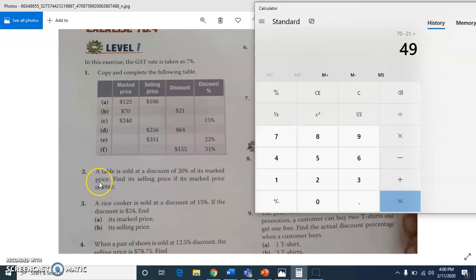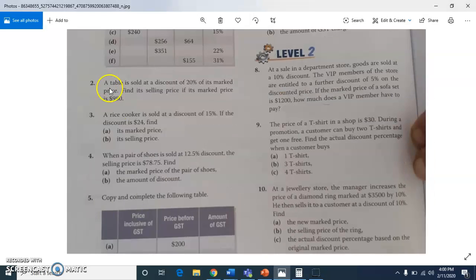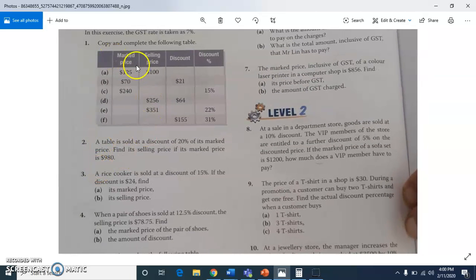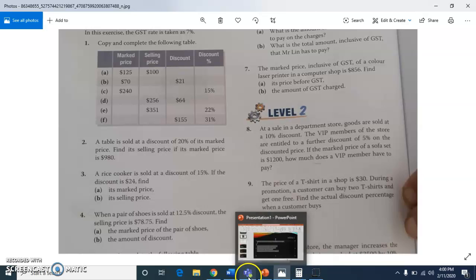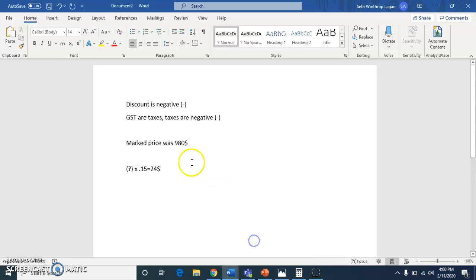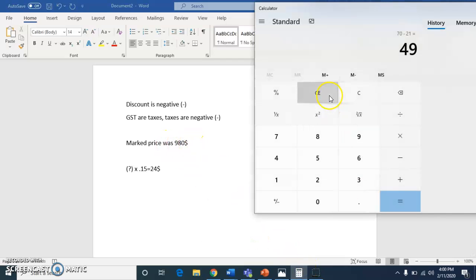Now, number 2. A table is sold at a discount of 20% of the marked price, which we know the marked price is right here. And the marked price was $980. So if I look, we have a marked price of $980, and I know that we are going to have a 20% discount.